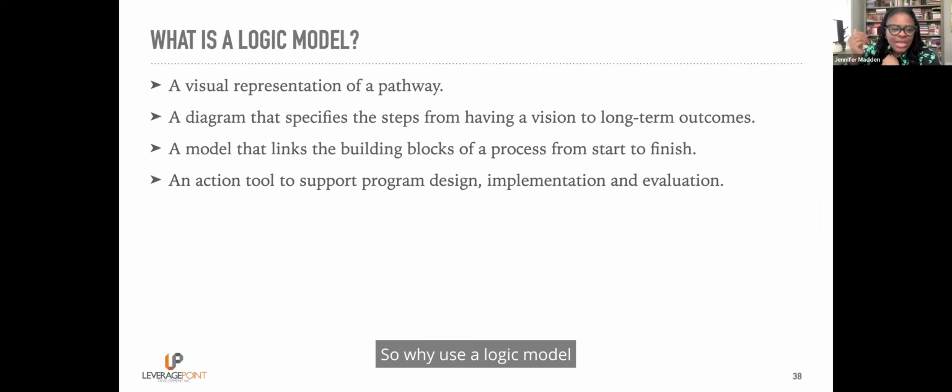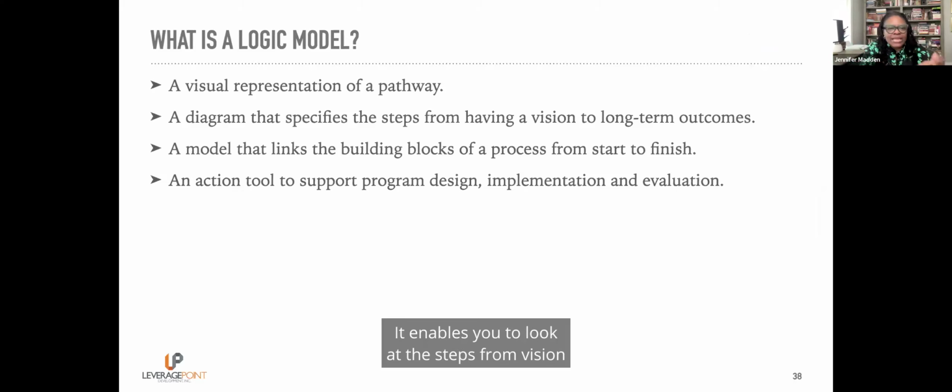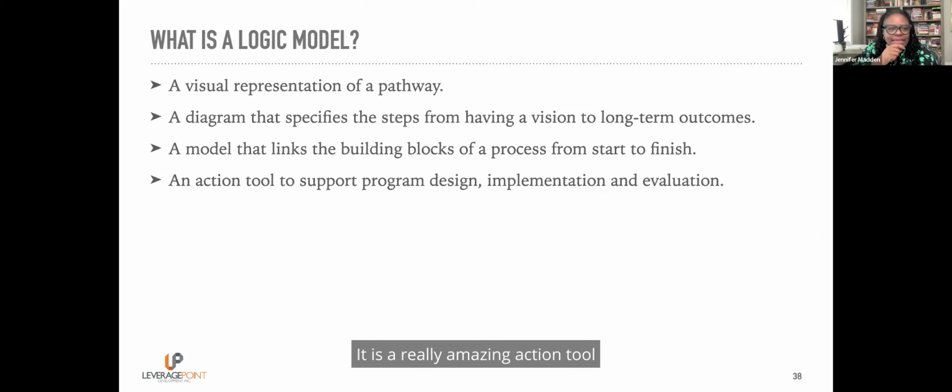So why use a logic model? It's a visual representation of a pathway. It enables you to look at the steps from vision to long-term outcomes all the way to impact. It helps you to create your building blocks from start to finish. It is a really amazing action tool that helps you design your programs.